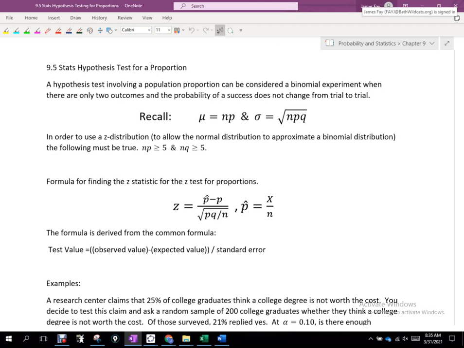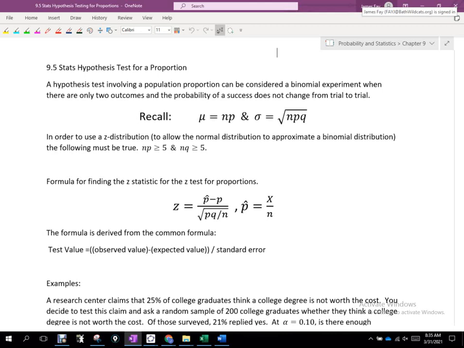So it's important when we go through these questions to identify the key phrase. Is the key phrase averages or means, or is the key phrase proportion? If it's average or mean, then you have to decide z test or t test based off the population standard deviation and the knowledge about that. If it talks about proportions, you're only going to use the z distribution right now.